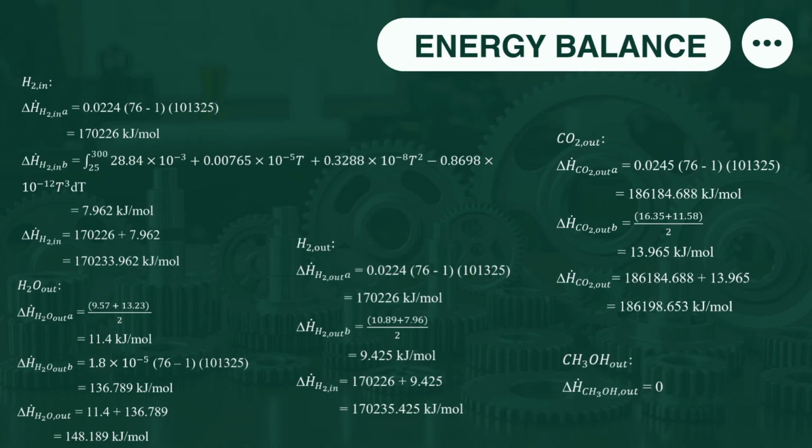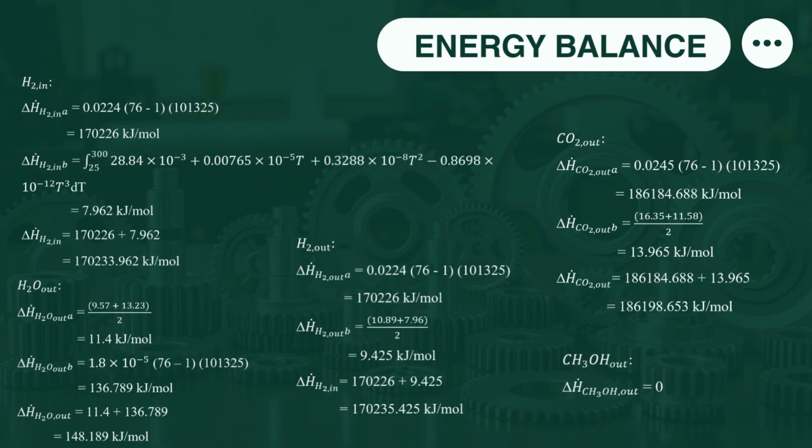And then for my water at the outlet, I referred to table B8 to get the value of when I increase the temperature from 25 degrees Celsius to 350 degrees Celsius, and then I again did the rate of enthalpy change calculations for when I increase the pressure from 1 bar to 76 bars, and then I summed up those two values to get 148.189 kilojoules per mole.